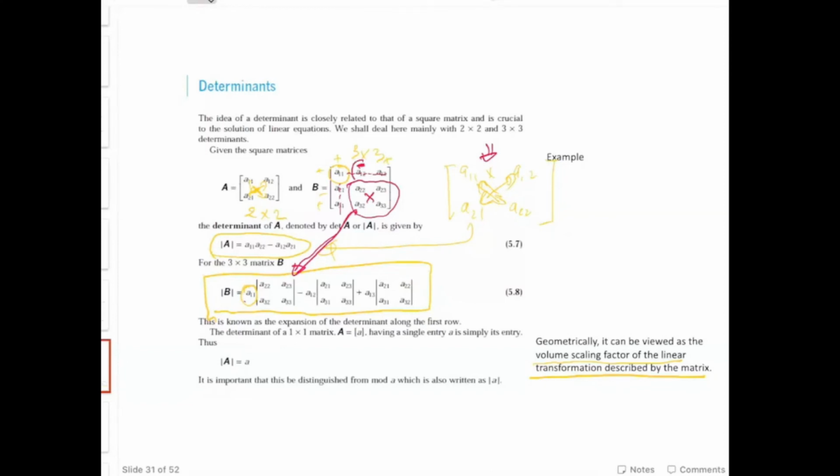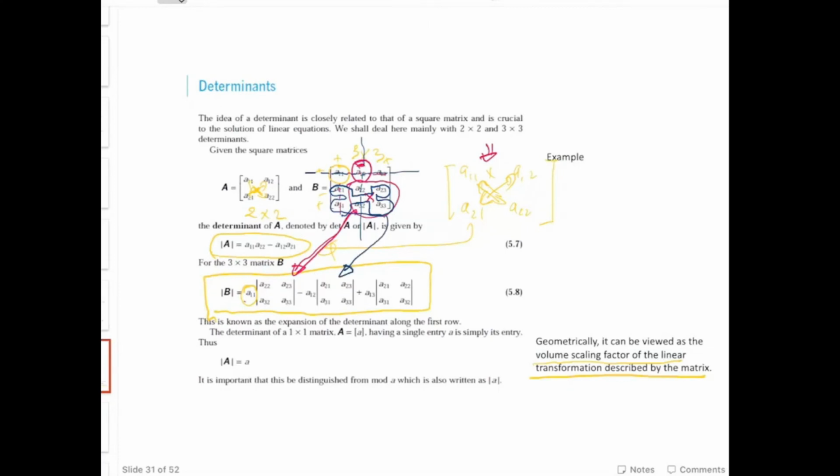And then the second term, which is a minus, we then take this A12. Let's assume now that we hide this one and this one. What we are dealing with now is these 4 elements here, which is given in blue as this one.